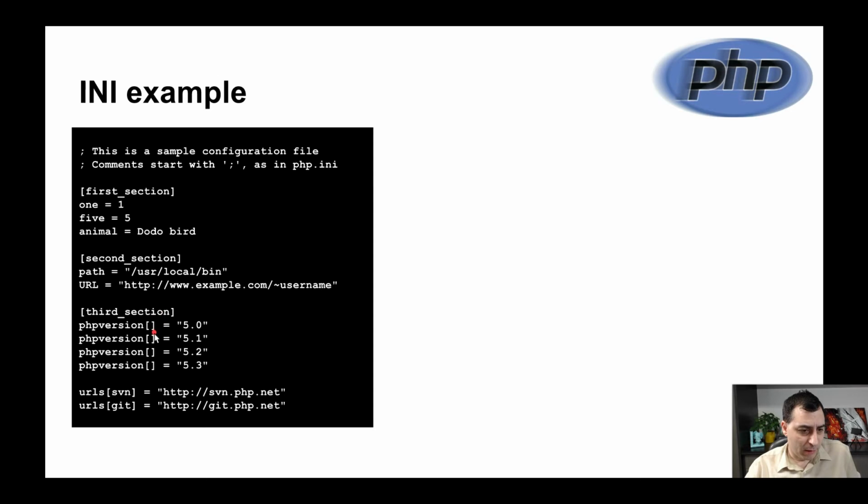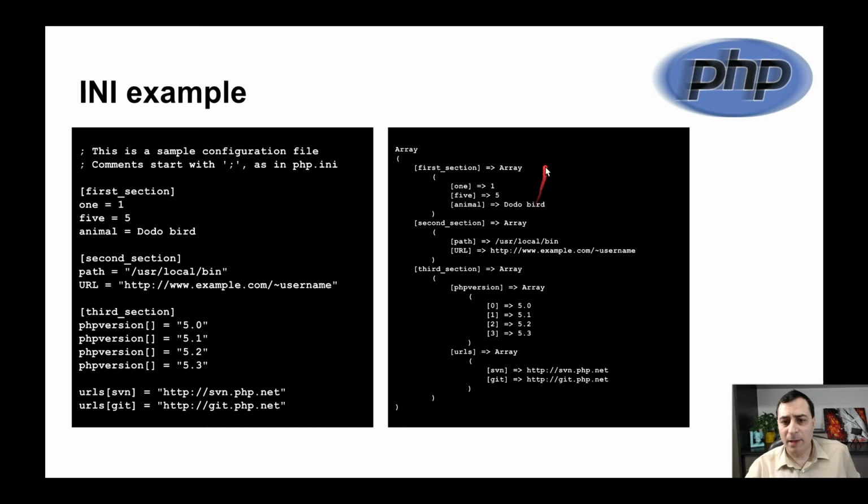And below here you can see some values that PHP supports with the square brackets that I'm going to show how they are passed into an associative array here in this example. Well, over here I hope you can see this because the font is a bit small, but if you are watching this video in a good resolution, you can see here this is a dump of the array that is returned by these parse functions for INI format.